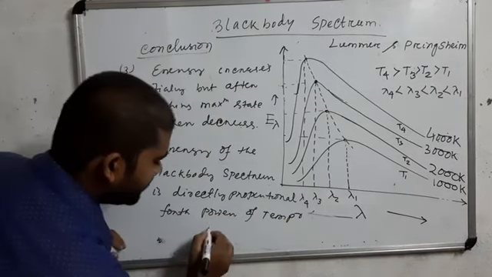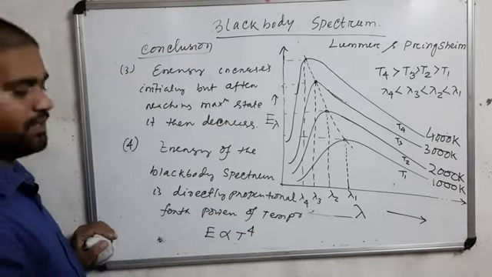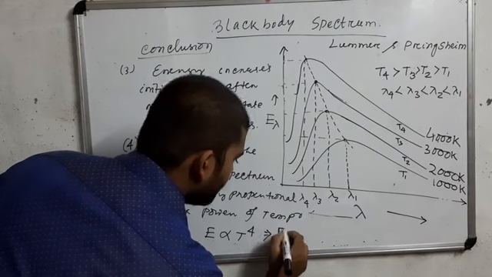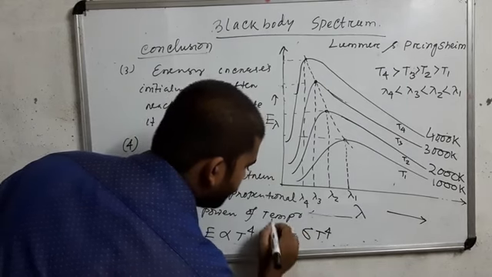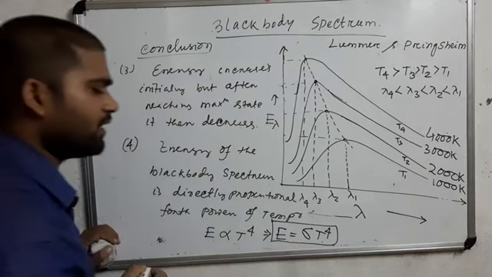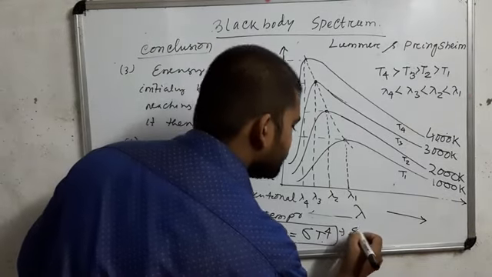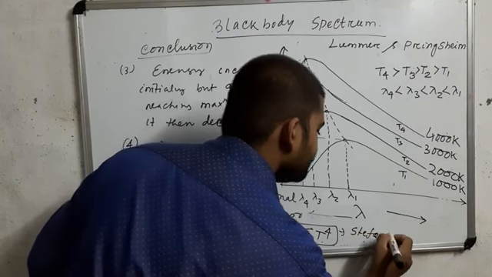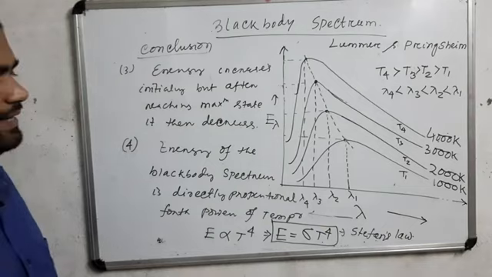That means E is proportional to the fourth power of temperature. So that implies E equals some constant sigma T to the fourth. Okay, E equals sigma T to the fourth, and this is called Stefan's law, Stefan's law on blackbody radiation.